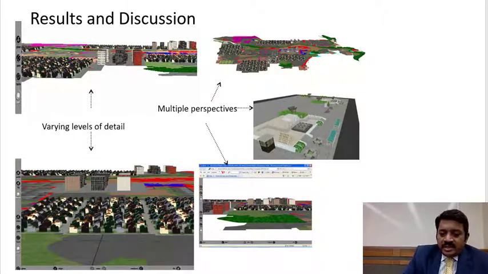So with the virtual plans, we have several advantages. Some of the most important including varying levels of detail and being able to see from multiple points of view, which offer a better insight in evaluating the different scenarios.